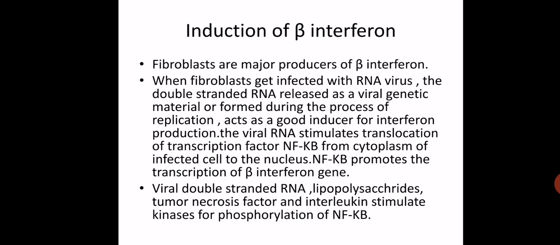Secondly, the viral double-stranded RNA as well as lipopolysaccharides, tumor necrosis factor and interleukins stimulate kinases for phosphorylation of NFKB also. Means for beta interferon production, it is necessary that there should be translocation of NFKB or phosphorylation of NFKB, so that there is a transcription of beta interferon genes, and then a synthesis of beta interferon.